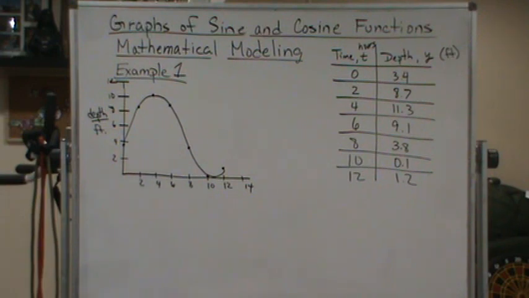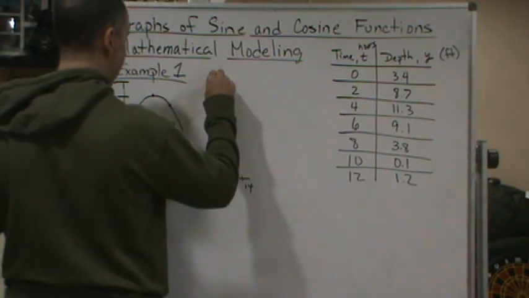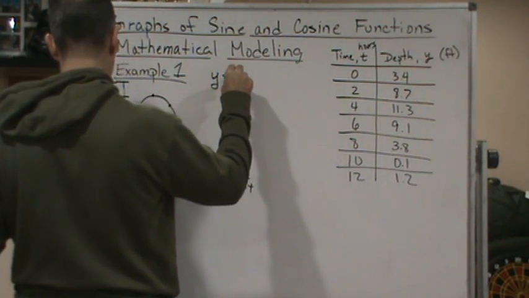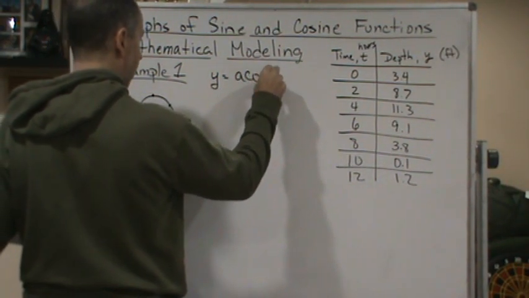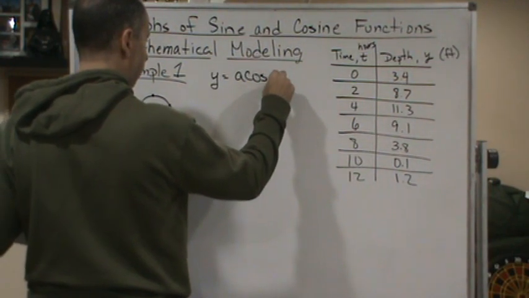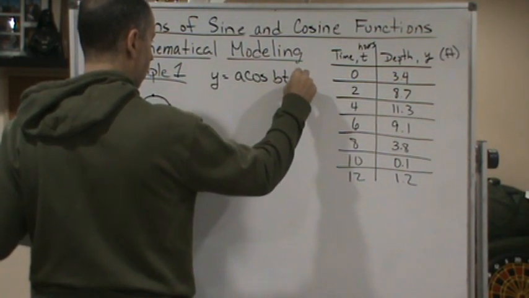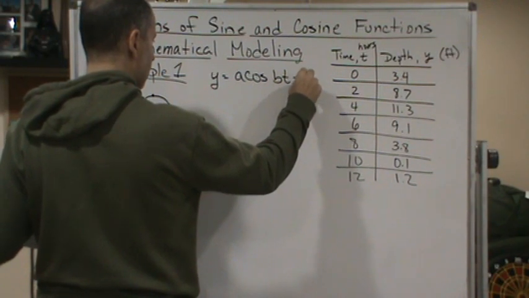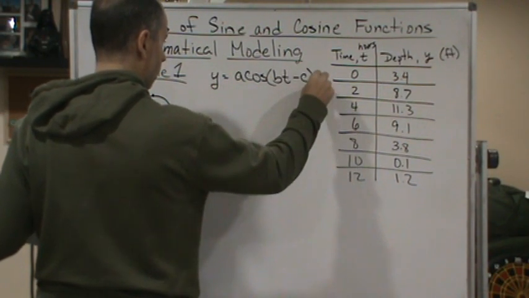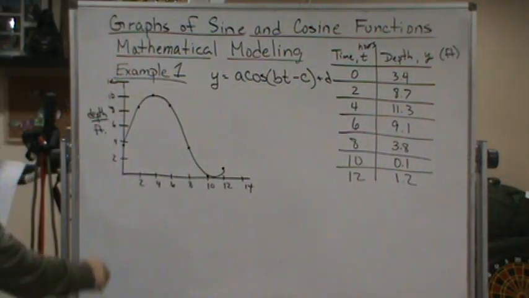Now, we could use either a sine or a cosine model. So the cosine model would have y equals a cosine of bt minus C, plus D.